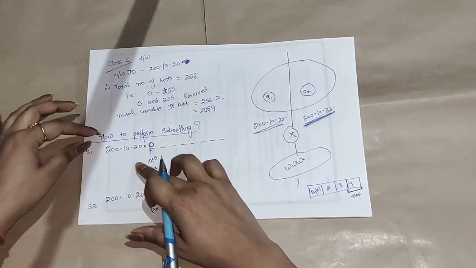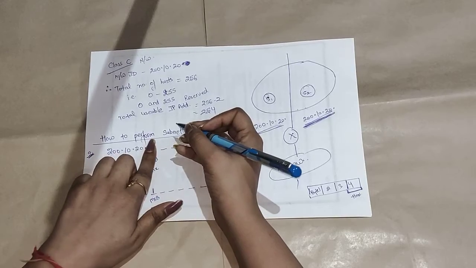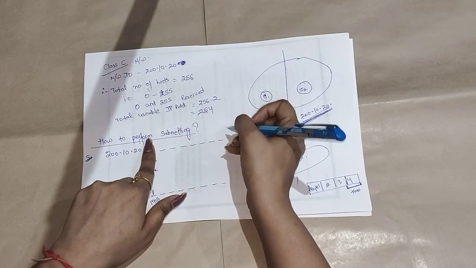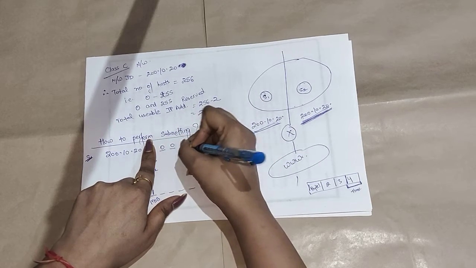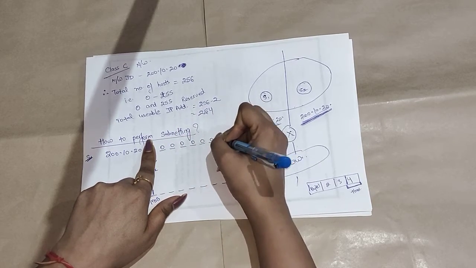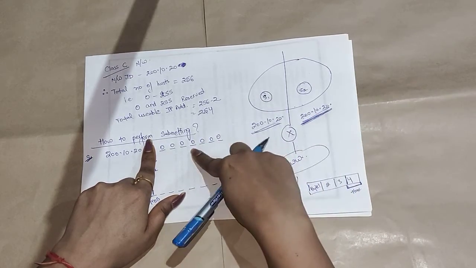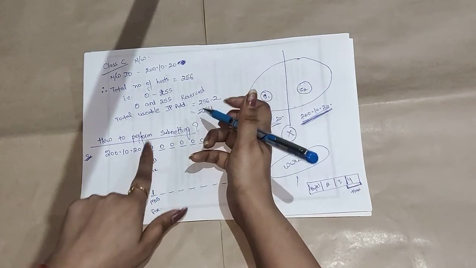That means for subnetwork 1 and subnetwork 2, this is fixed. For subnetwork 1, this is fixed. So we are left with 7 bits. So what will we do? We'll start with 0. We'll fill all zeros. Okay. This is the first IP address of subnetwork 1. Then this 0 is fixed.